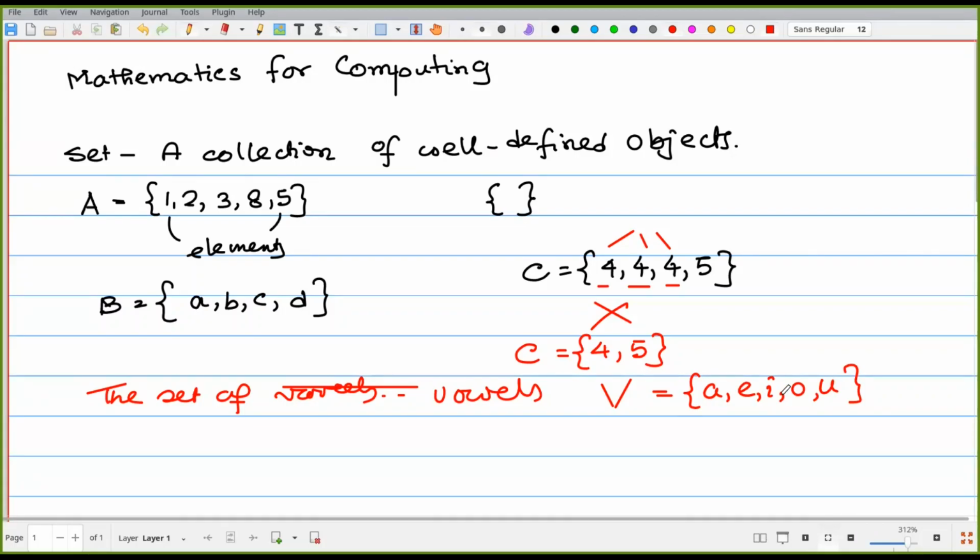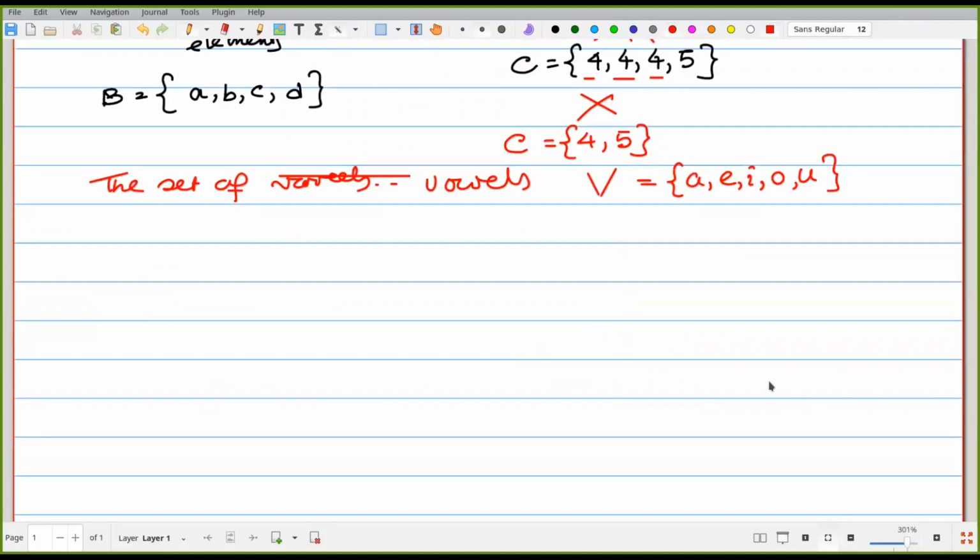In that way, we have 2 types of set practically. Number 1, it is finite, and another one is the infinite. Finite means the number of elements in the set is finite, or we can count.